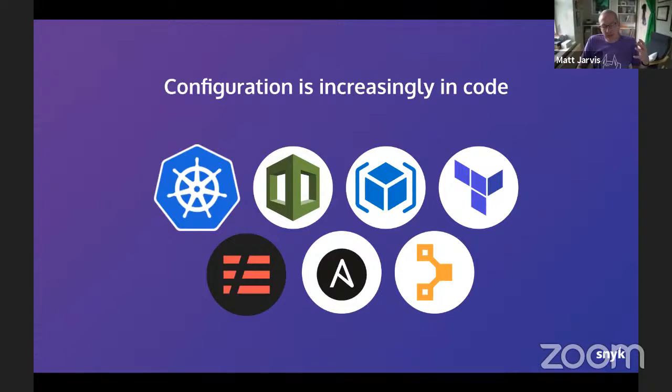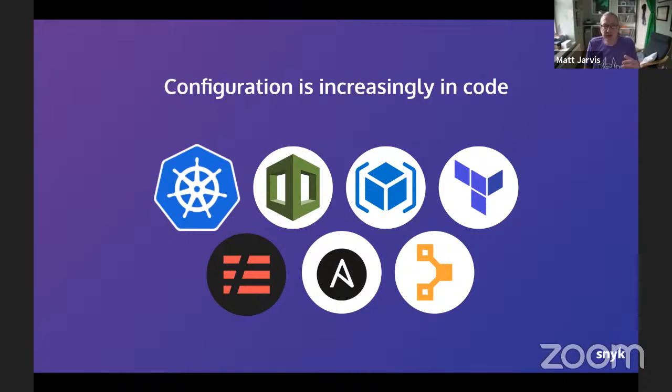So container images, our third-party dependencies, and the next thing we really need to consider is our infrastructure as code. And as we've moved kind of wholesale into cloud and now into Kubernetes, configuration is almost entirely in code and it's part of our development workflow.